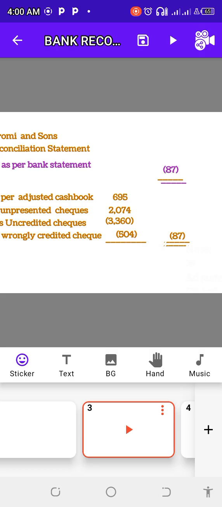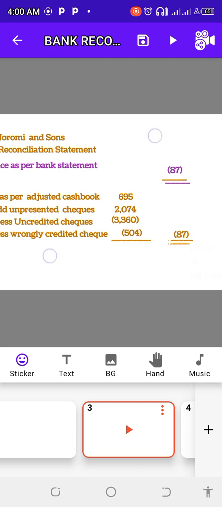Use this one to test yourself. So this one now is your assignment. You are going to begin this reconciliation from the bank balance and find out whether you will also have the same balance as in the bank and in the cash book as per the question.